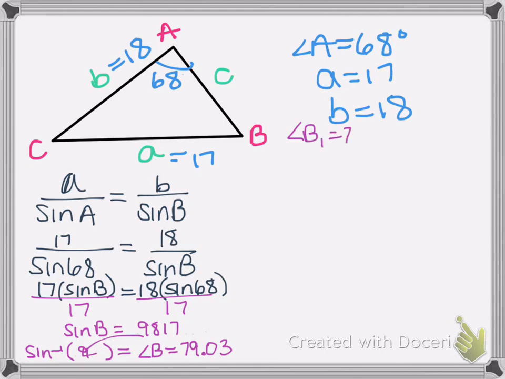So this would be 79.03. And then angle B2 would be 180 minus 79.03, which is 100.97.